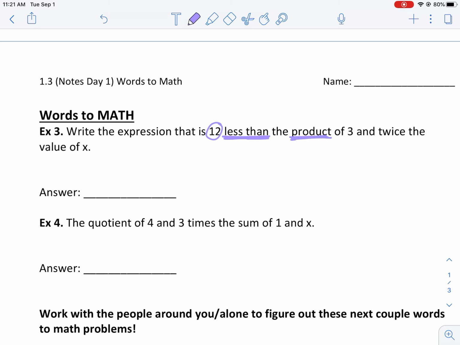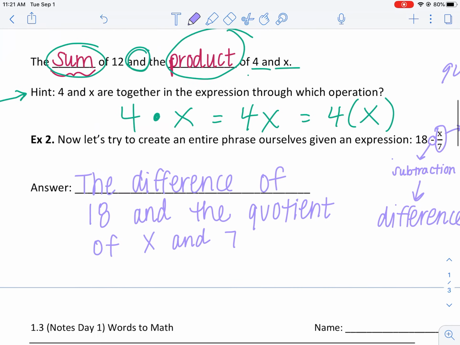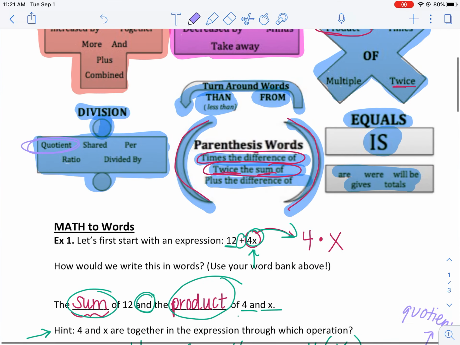The product of 3 and twice the value of x. Okay, so I know at least when I see "less than" that that's going to be one of my turnaround words.